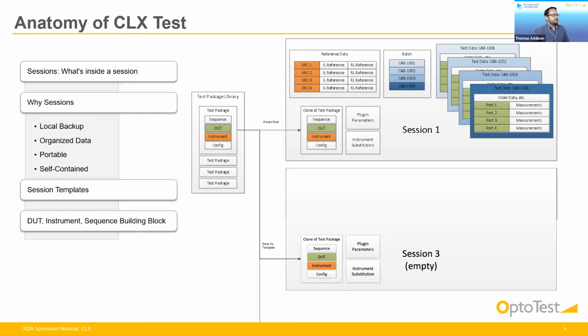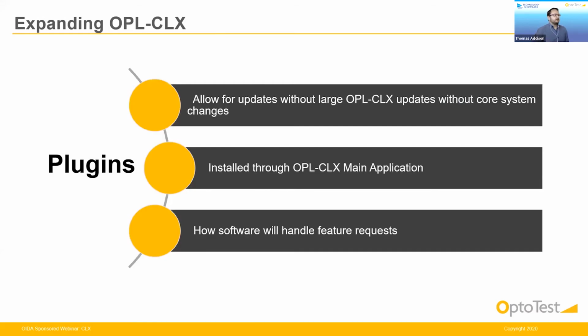So now that we understand what a CLX test is and how we use this for measurement, let's talk about plugins and how we're going to expand the software to meet user and customer needs. We'll be doing this through plugins. Our plugin structure allows for large CLX updates without core system changes.